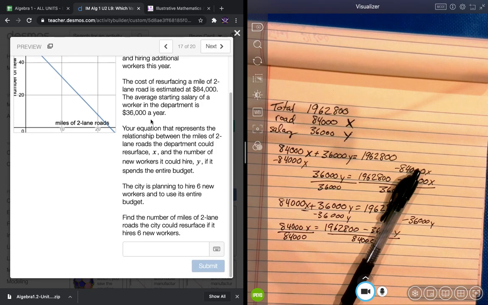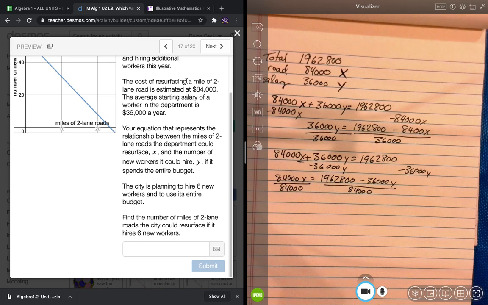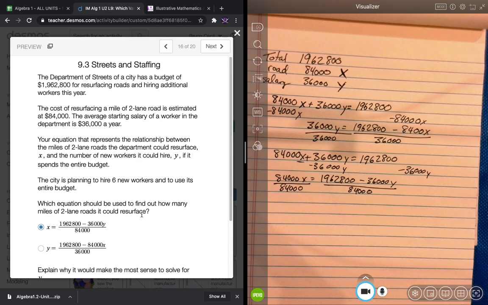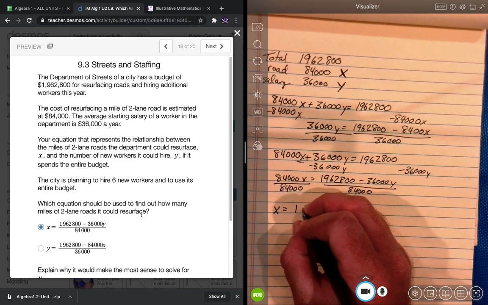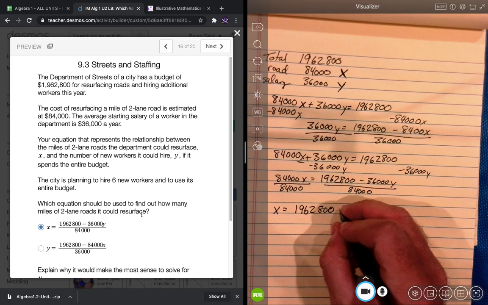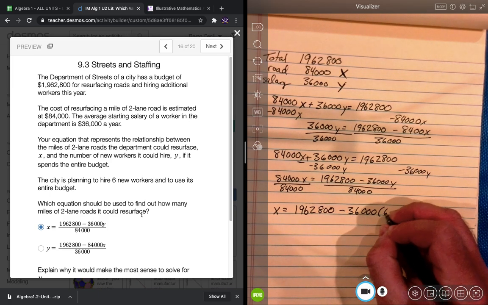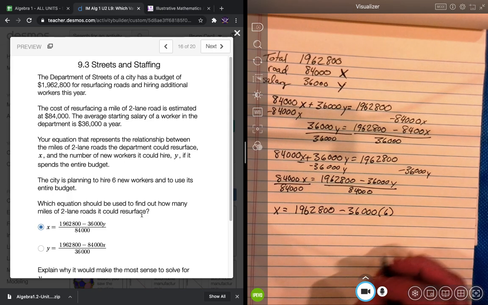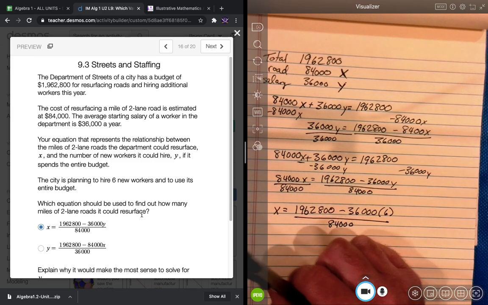So now, guys, it's asking us, if you know that there's 6 workers, what are you going to use? So guys, we chose this equation: x equals 1,962,800 minus 36,000. We know that we're hiring 6 workers, and we're dividing that by 84,000.